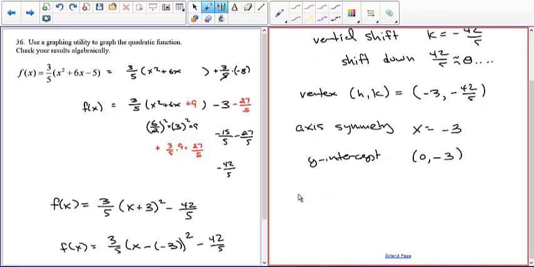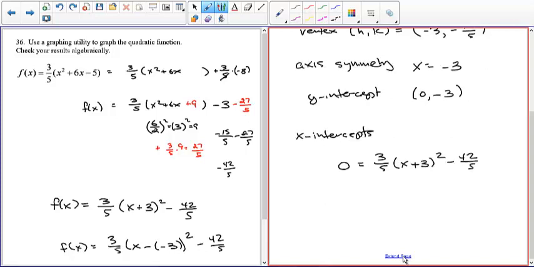And then the last thing is the x-intercepts. So to do that, we take the equation in standard form, and we set that equal to 0. I'm going to go ahead and change this to a plus. So take that to the other side, make it positive.